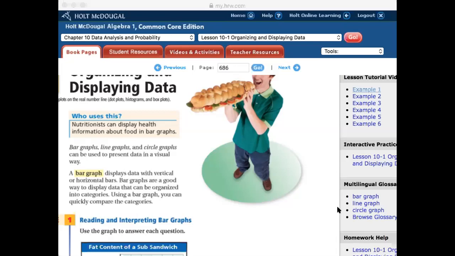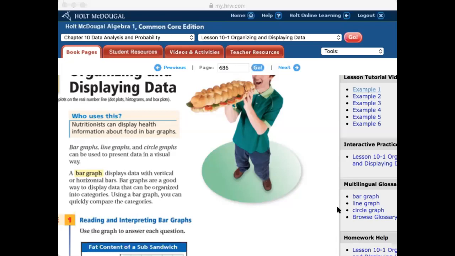So the longest bar is the ingredient that contains the most fat. So which ingredient contains the most fat? What is the longest? Mayonnaise. Okay, mayonnaise. Why? Because it is the longest bar that contains fat.